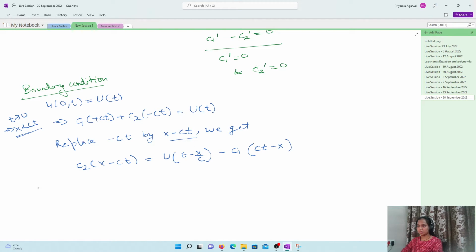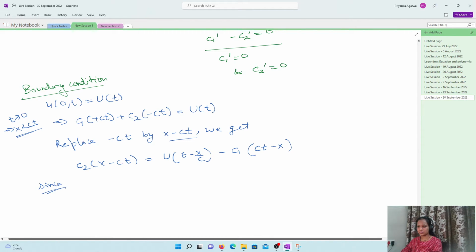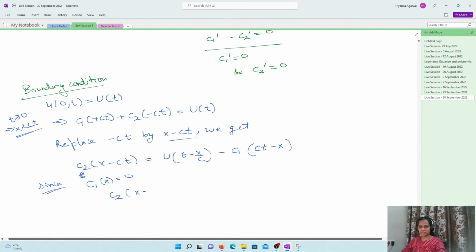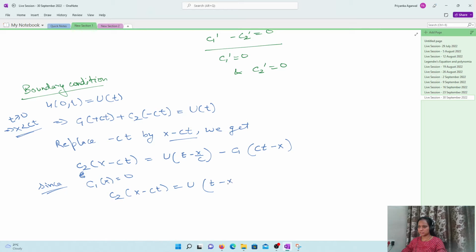Okay, now since what we know is that c1 of x equals 0, then c2 of x minus ct is equal to u of t minus x by c.